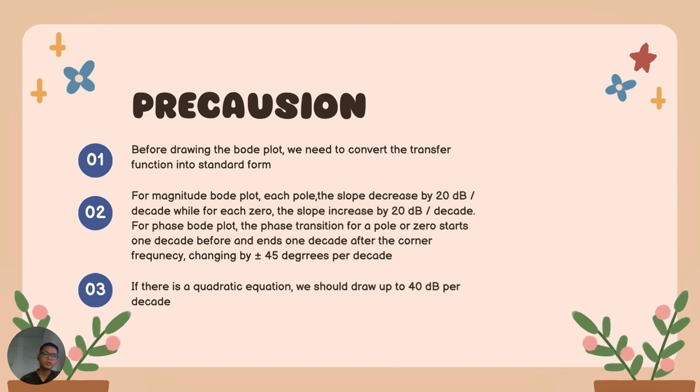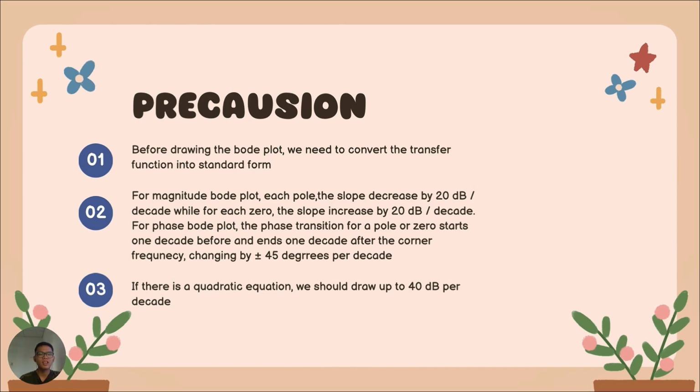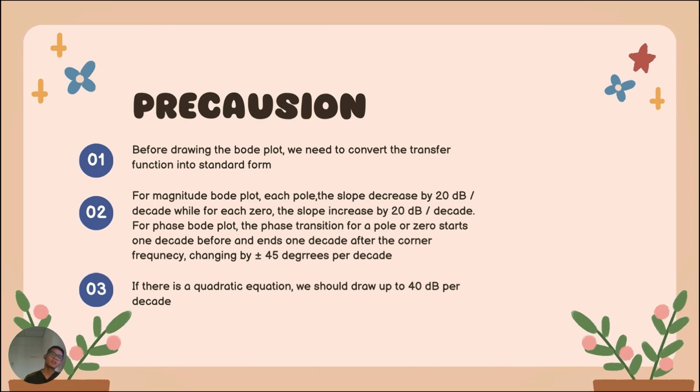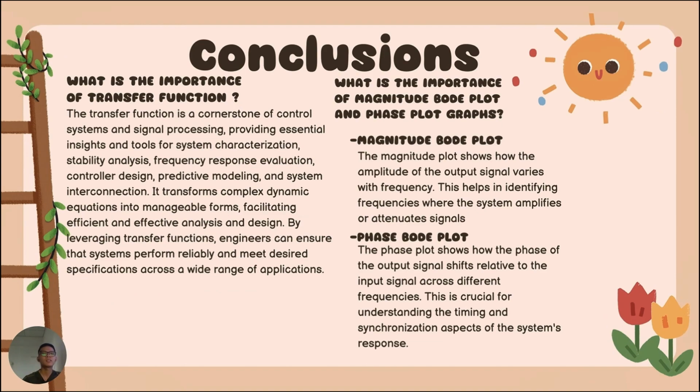For the phase Bode plot, the transfer function for a pole or zero starts 1 decade before and ends 1 decade after the corner frequency, changing by plus or minus 45 degrees per decade. Thirdly, if there is a quadratic equation, we should draw up to 14 dB per decade. That's all for me, and now I would like to pass the presentation to my next teammate.